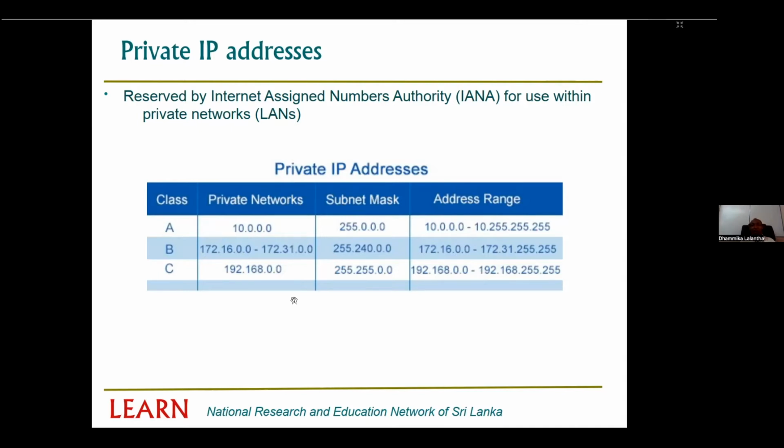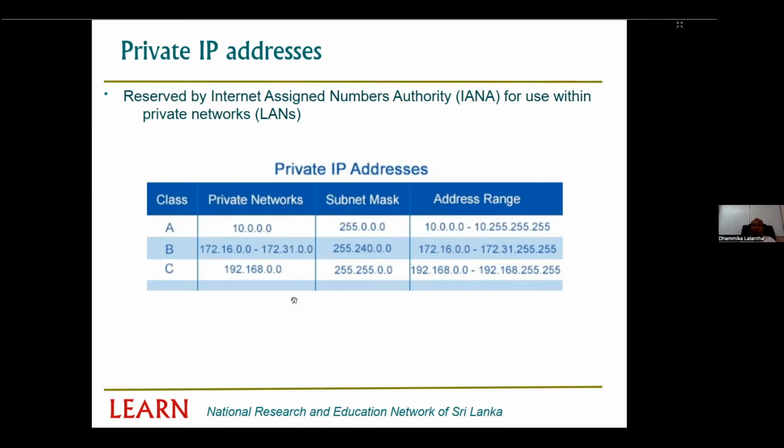So you have to use private address spaces. Private address spaces are reserved for use only within local area networks or private networks. Those private address spaces cannot be routed on the internet.